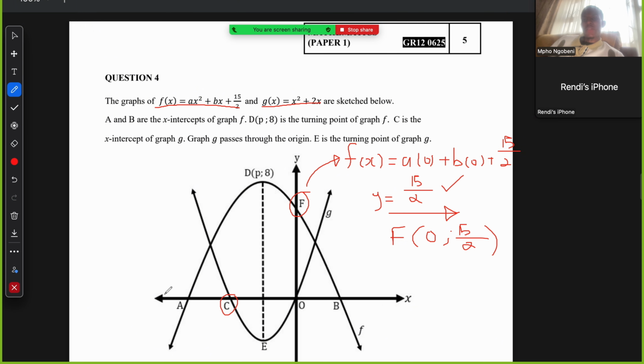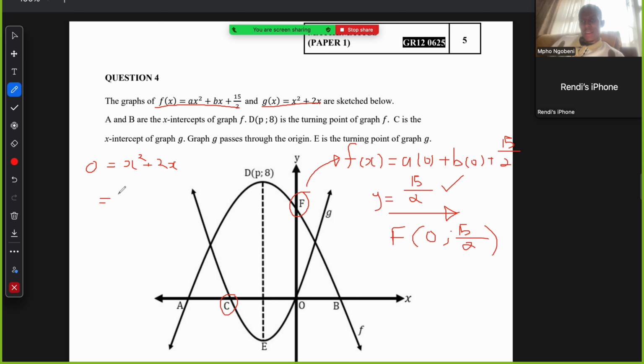When we find the coordinates of C, what comes to mind? X-intercept. Using which graph? The g(x). Correct. My y is 0, and then x squared plus 2x.